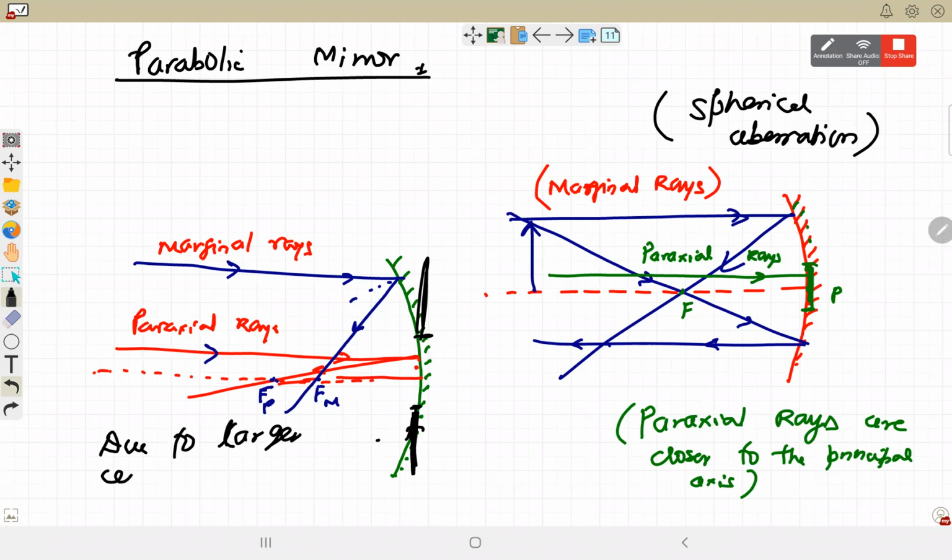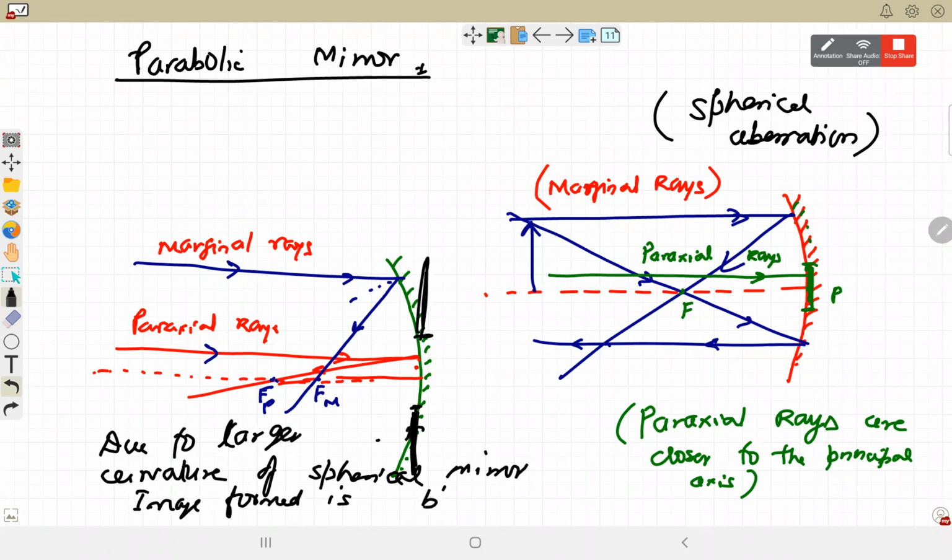Due to larger curvature of a spherical mirror, the image formed is blurred. This is called spherical aberration, right? अब spherical aberration avoid करने के लिए क्या करते हैं? अगर concave mirror convex mirror use करें तो हमें एक बड़ा सा कुछ black paper से cover करना पड़ता है. Only the central portion is left.